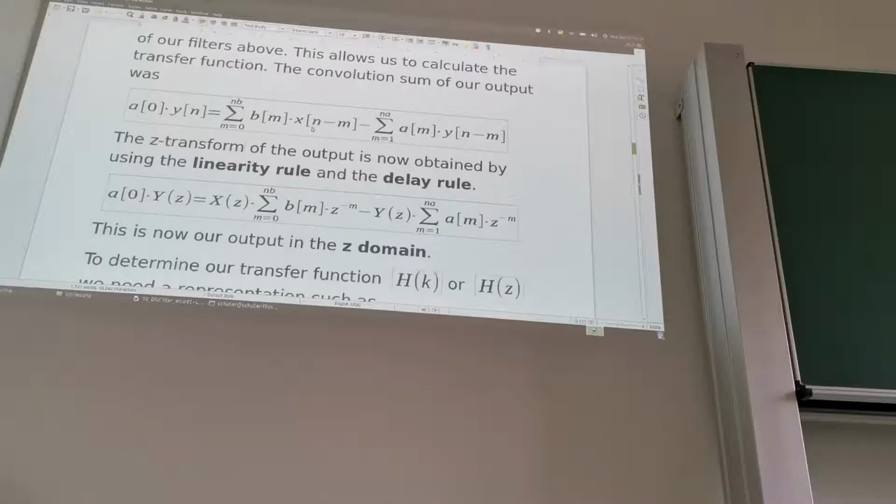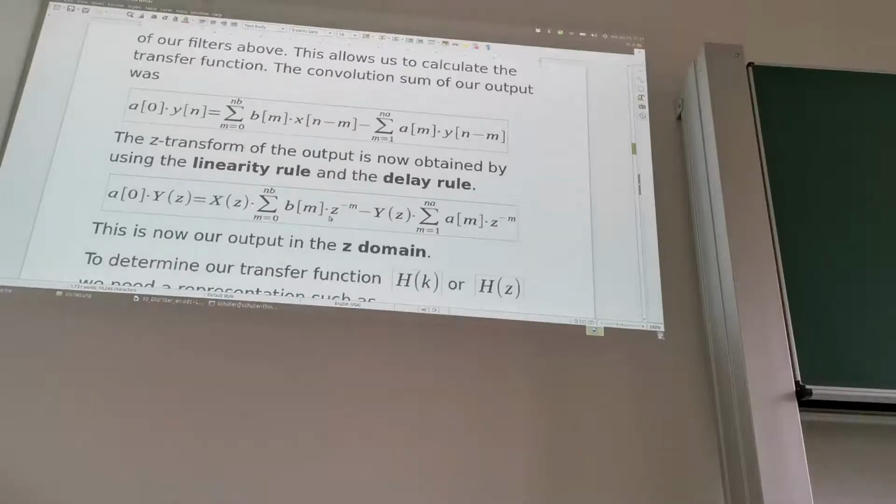Make sense? Since X of z is the same for all the summands, we can factor it out. And we get this factor here in front of the sum. And what's left inside the sum is simply the factor from the delays.